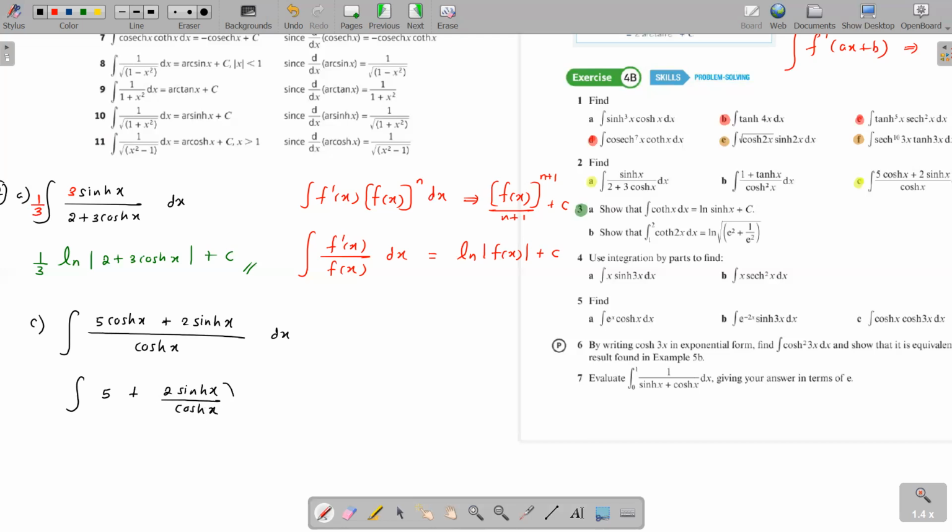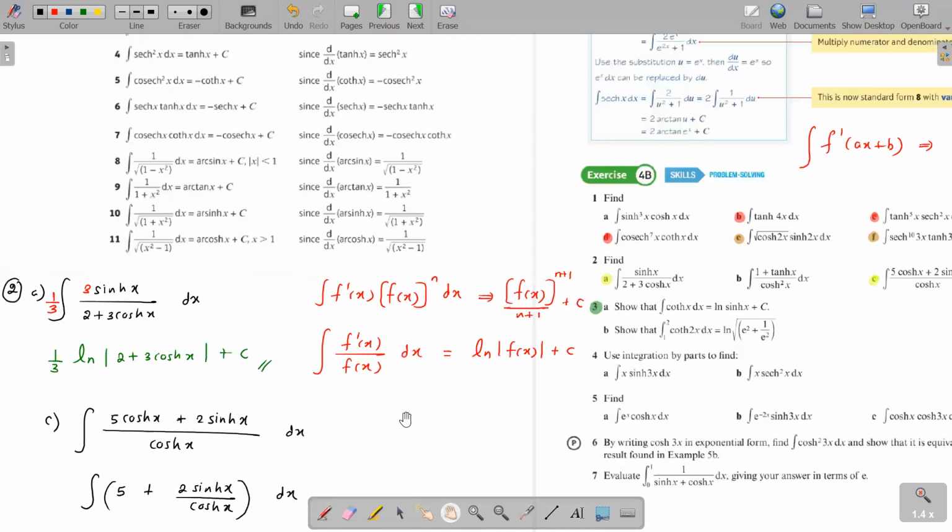Do you see? So when I simplify this, I get 5 plus 2 sin x over cos x, which is tan x. So now, integrating 5, a constant, with respect to x is simply 5x. Integration of tan x is also given in our rules.